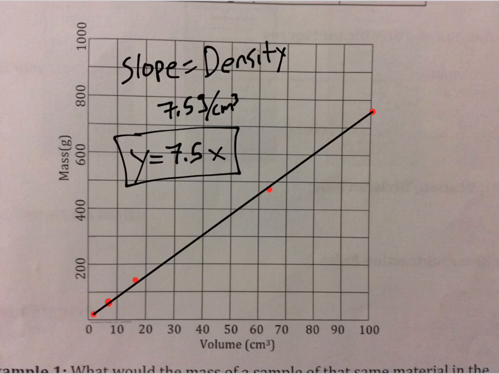If that helps you guys, hey, what's the slope? Well, figure out the equation, write it down. Slope is density. Okay? One other quick note. On your homework tonight, one of the questions, I actually ask you guys to graph a line, and the only information I give you is the density. So let's say I told you the density was 5 grams per centimeter cubed.